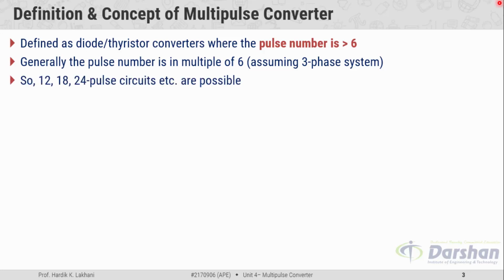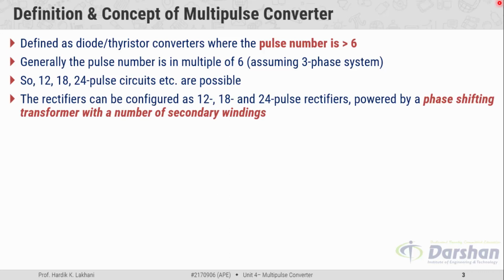The 12 pulse, 18 pulse and 24 pulse circuits are known as the multipulse converters. In 12 pulse circuits, the output has 12 pulses. In 18 pulse circuits, the output has 18 pulses within the duration of one input cycle. And in 24 pulse circuits, the output has a total of 24 pulses in the duration of one input cycle. So these are the multipulse converters.